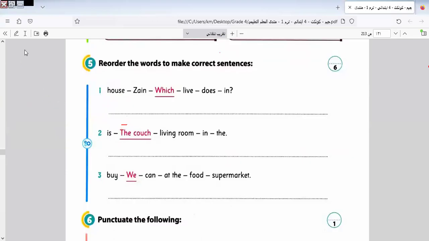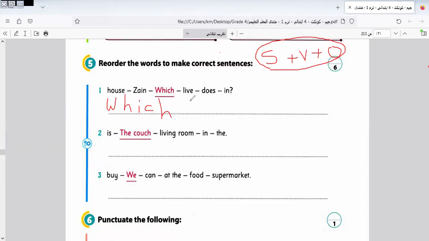Here we must apply the rule that we use in every question like this, where we arrange: subject, verb, object. Let's apply this rule to the sentences. Miss Iman, we replace the verb instead of the subject, yes, because this is a question.